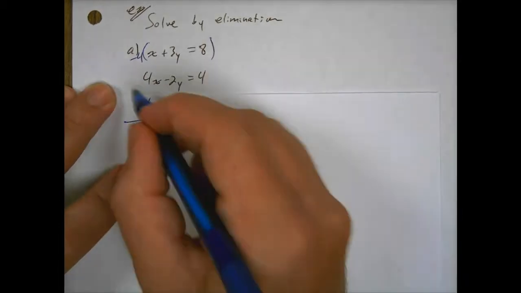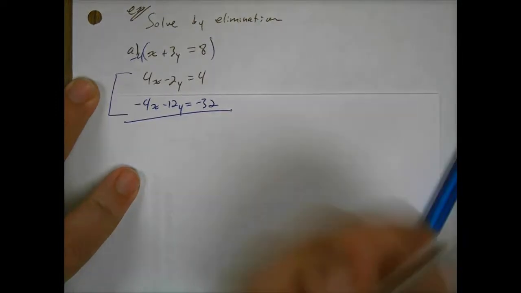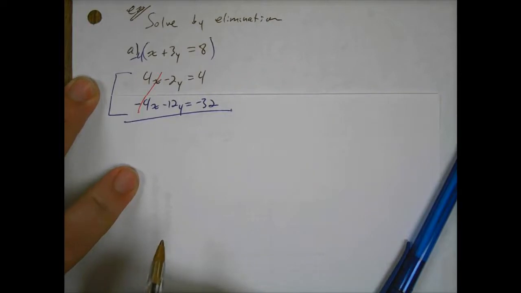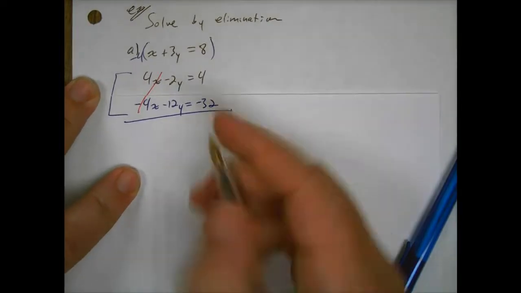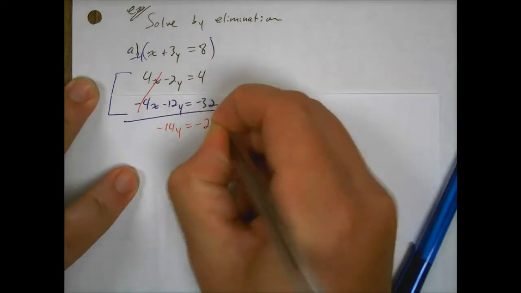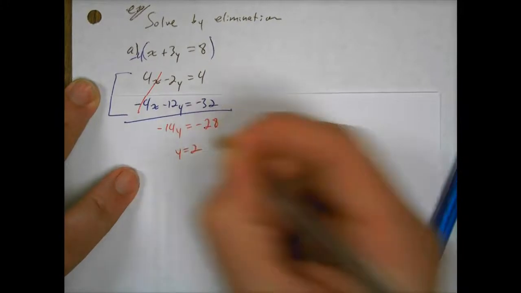If I look at these two equations together and I combine them, 4x minus 4x is 0, so I have essentially eliminated the x's. I'm left with negative 14y equals negative 28. You can divide by negative 14 at that point, and y equals 2.